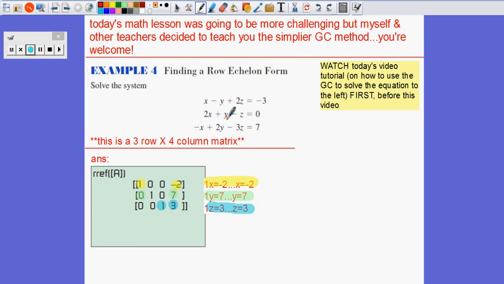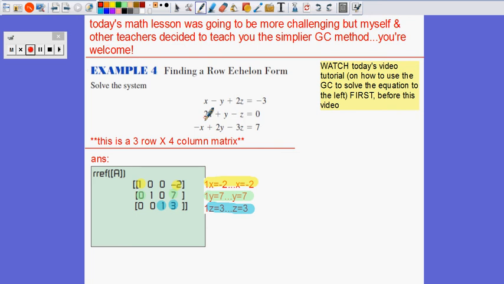It's totally within your skill set to learn how to use the graphing calculator to solve this. So please watch the tutorial first before you continue on.